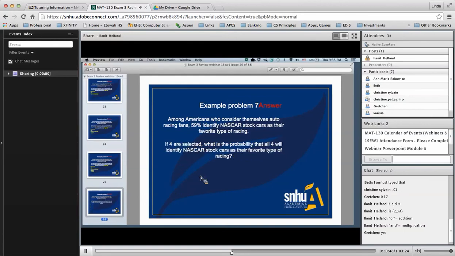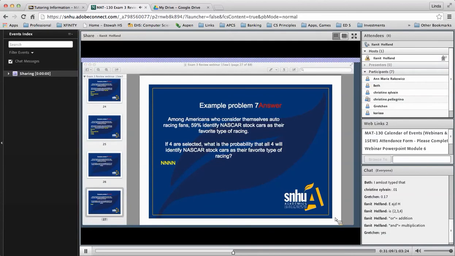Right, so now, if 4 are selected, what is the probability that all 4 will identify NASCAR as their favorite type of racing? So now what they're asking about is N, N, N, N. Right, 4 people all liking NASCAR. The first person likes NASCAR, that's the first N. Second person likes NASCAR, that's the second N. Third person likes NASCAR, fourth person likes NASCAR.